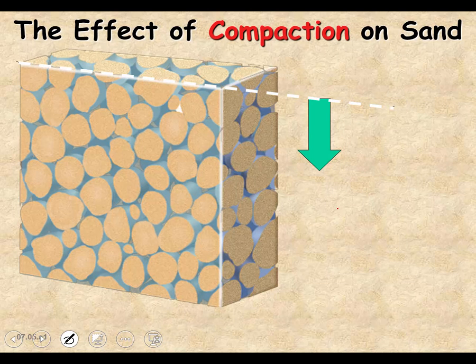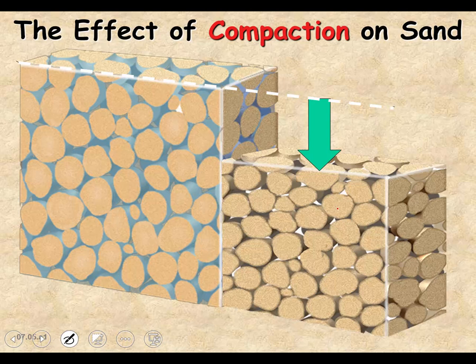Sand, on the other hand, you're rearranging the packing order. You might go from a cubic to a more compact or dense packing, but basically they're round, and so you can't reduce the volume much by increasing the packing order.